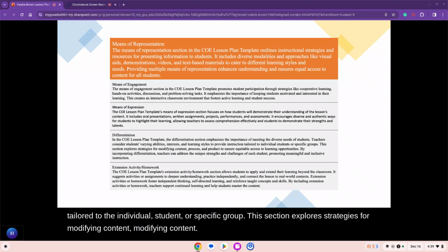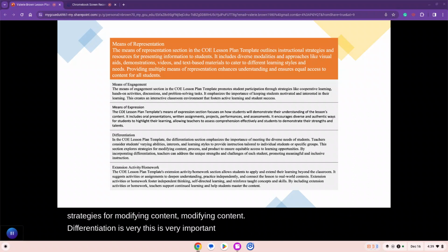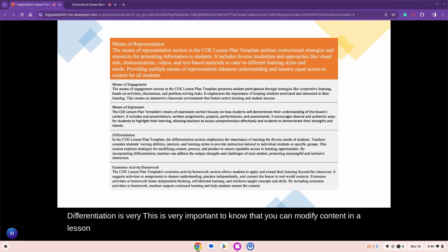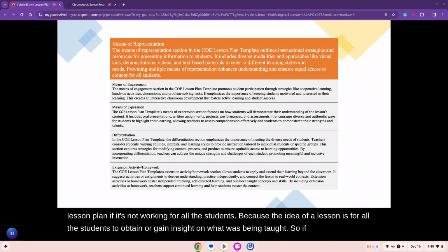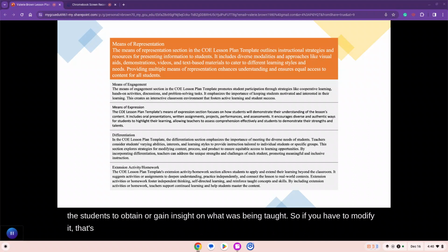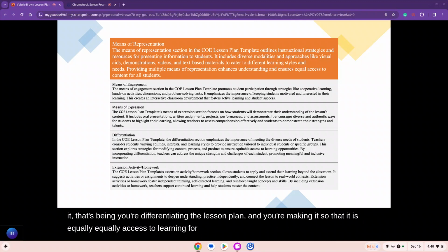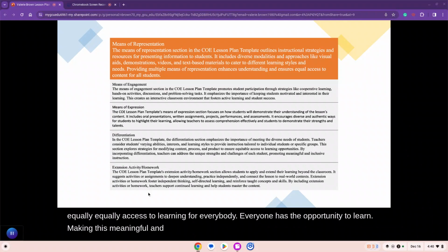It is very important to know that you can modify content in a lesson plan if it's not working for all the students, because the idea of a lesson is for all the students to gain insight on what was being taught. So if you have to modify it, you're differentiating the lesson plan, and you're making it so that there is equal access to learning for everybody. Everyone has an opportunity to learn, making this meaningful and inclusive instruction.